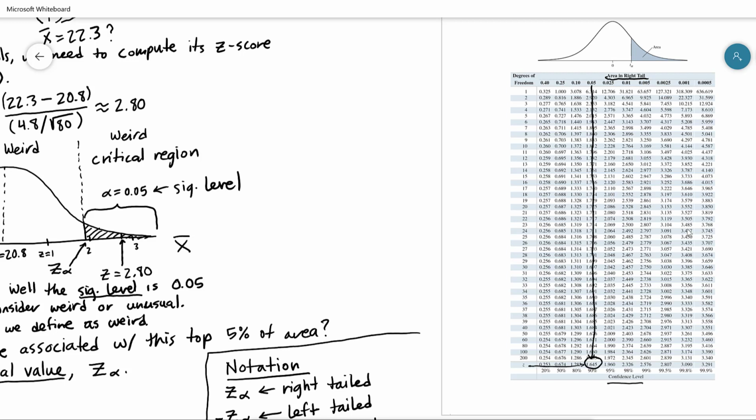Notice it's associated with a confidence level of 90%, because if we had a confidence level of 90%, where 90% is in the middle, that would leave 10% total for the tails, which would be 0.05 on this tail, 0.05 on that tail. So let me erase that quick little sketch, but that's kind of the idea. So this is how we're going to use the table.